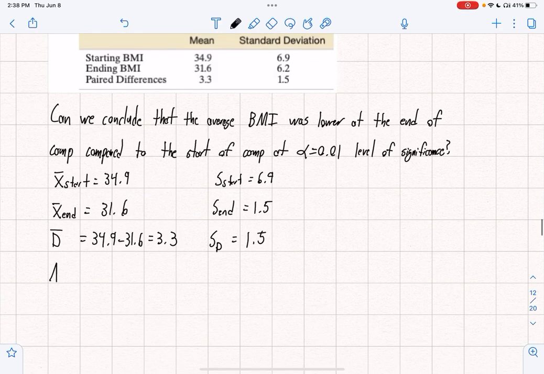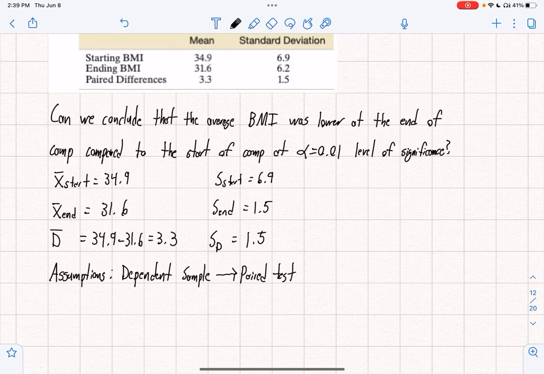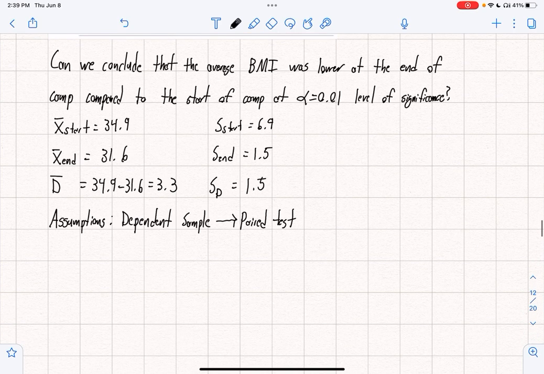Okay, so when we think about our assumptions, we recognize that this is a dependent sample. So we are going to do a paired test. Okay, so let's start with our hypotheses, null and alternative.